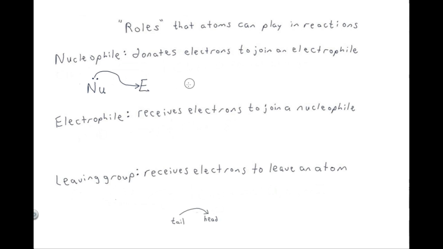By the way, I've noticed that students often confuse the terms nucleophile and electrophile, maybe because they both end in phile, and these words kind of rhyme. Oftentimes students say nucleophile when they mean electrophile, or electrophile when they mean nucleophile, but that's a very bad habit because we treat the nucleophile and the electrophile quite differently.